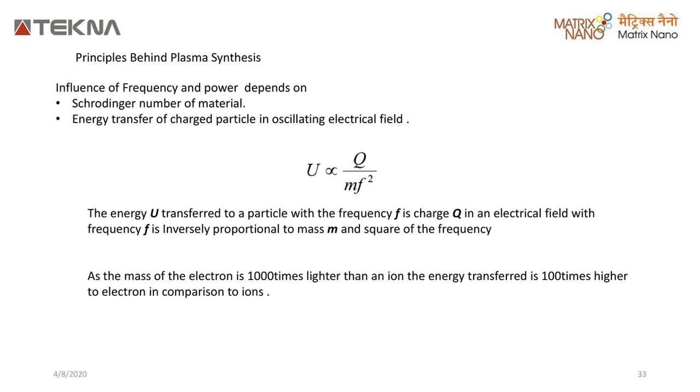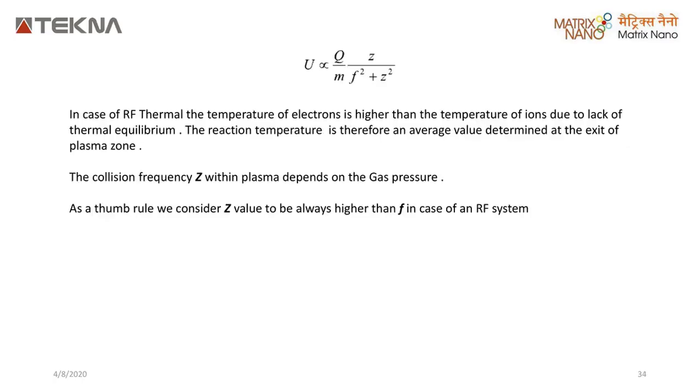Which means the lighter the mass, the more ionic transfer, the better the production. I mean, smaller particles have better frequency, they transfer charge better, and they have a better ionization value.